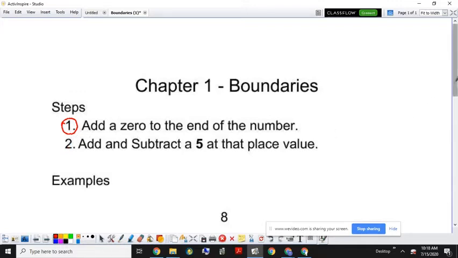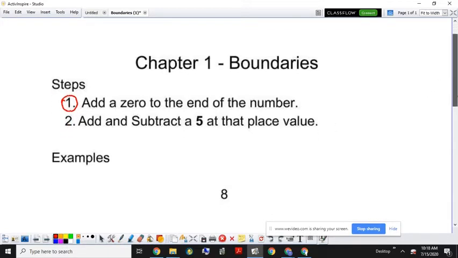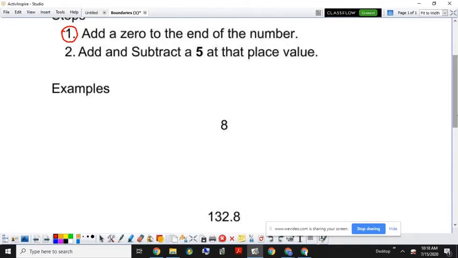So we're going to do a couple together. For the first example, 8, we take the number 8 and we want to find the upper and lower boundary for it. So we add a 0 at the end of the number, which doesn't change its value. And then wherever I add that 0, I'm going to add and subtract a 5 at that place value.